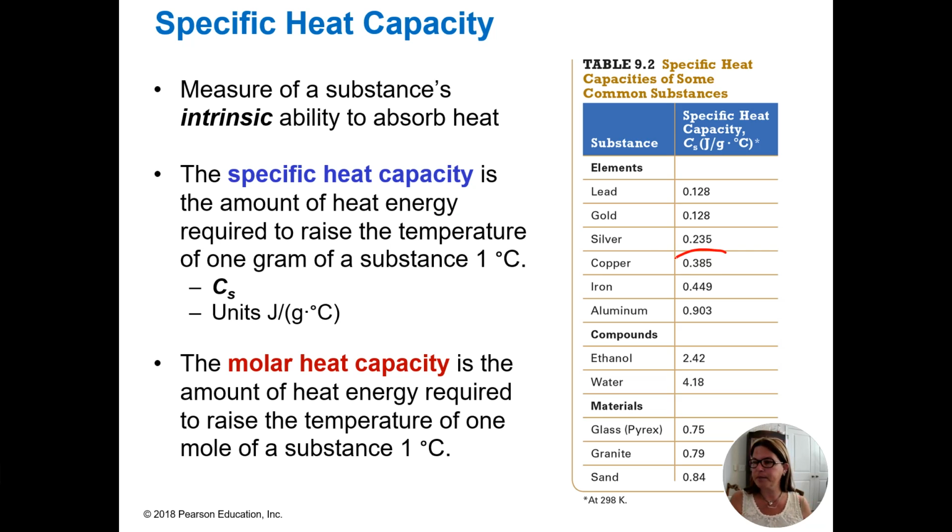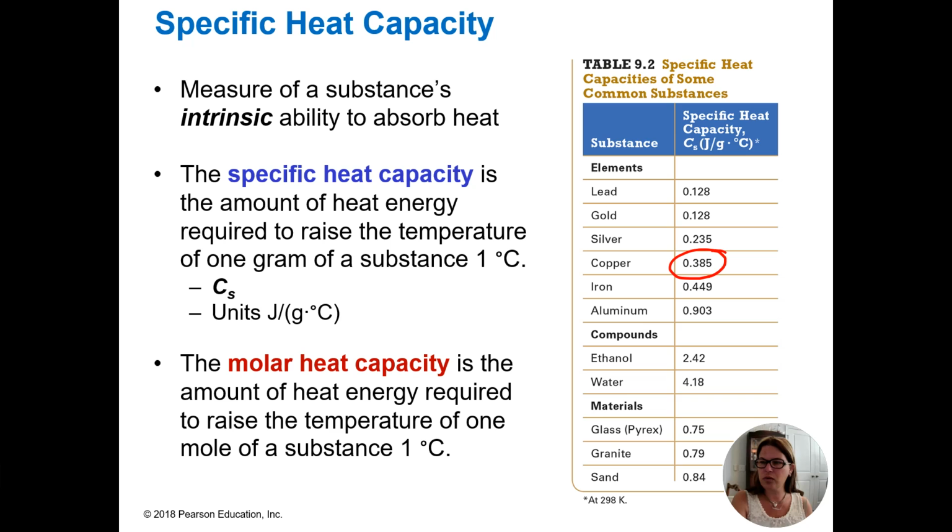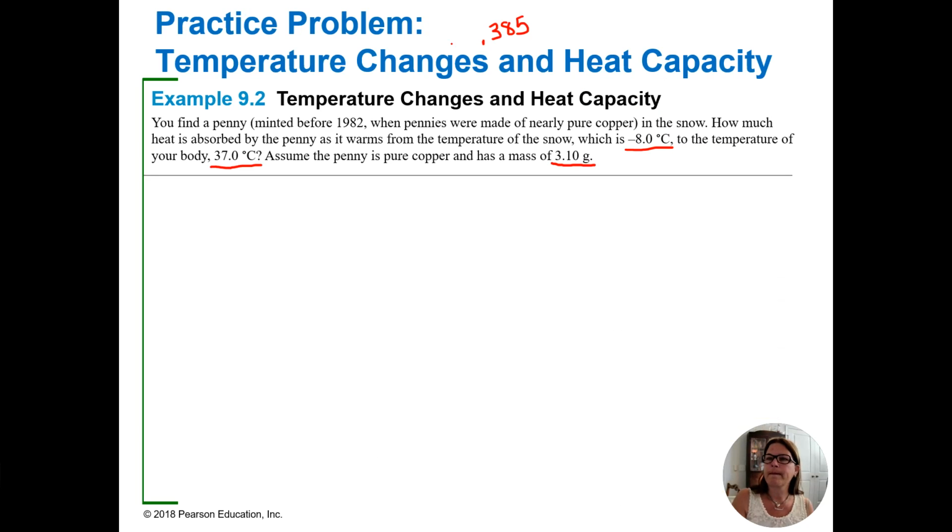Here's copper, 0.385 joules. Sometimes you'll see these specific heats in calories, which is just another unit for energy. So that's its specific heat.